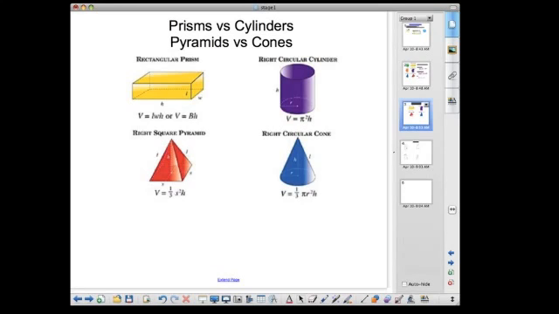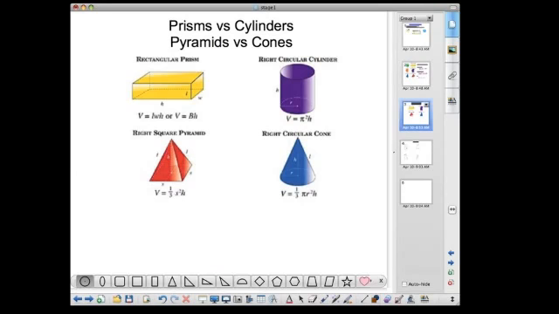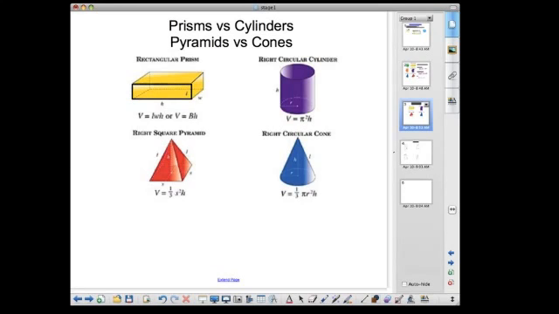A prism is a three-dimensional shape that has a base, and the base is usually one of the sides, one of the surfaces, and you can basically take that surface and project it through the shape. So for my rectangular prism, I want to see if I can illustrate this for you here. I have a side of my rectangle. It is a surface.